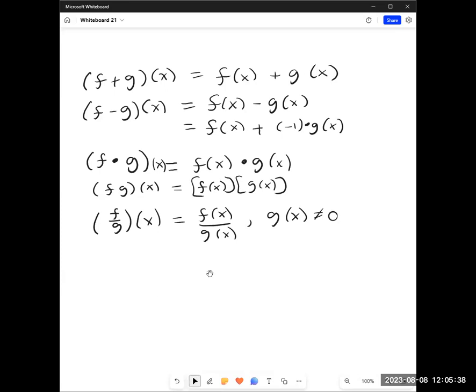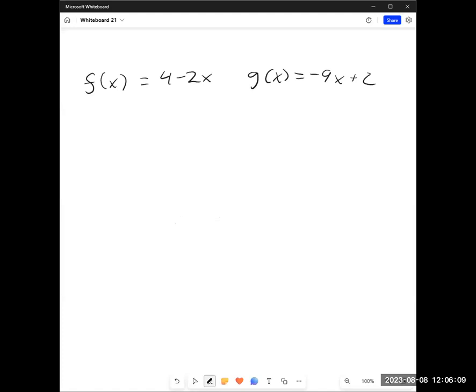So let's look at a couple examples of all four of these operators. We're going to start off with linear functions, and then we'll move on to some nonlinear functions in a minute. The first example here is going to be f of x equal to 4 minus 2x, and g of x is going to be equal to -9x plus 2.